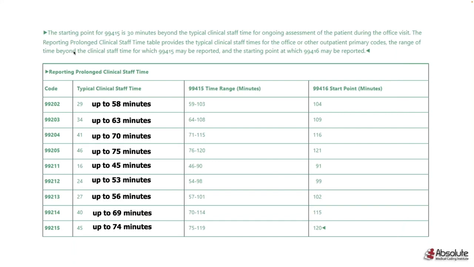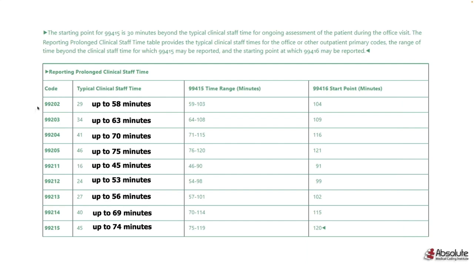All right. So the starting point for 99415 is 30 minutes beyond the typical clinical staff time. That means these codes are driven off of the doctor or qualified healthcare practitioner visit code, right? We have no way of knowing what the typical clinical time is unless we look at this chart.